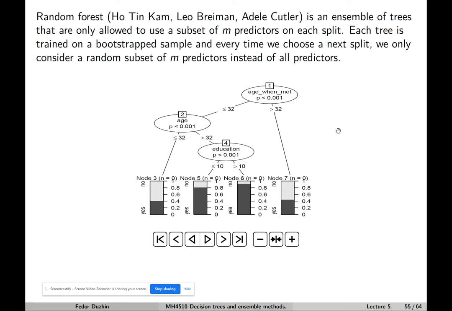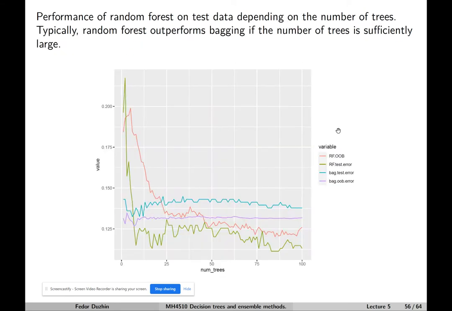And this is how random forest works, right? So random forest is an ensemble of decision trees. Every one of them is trained on a bootstrap sample. But when they are trained, to construct every split, only a random subset of predictors is allowed to be used.